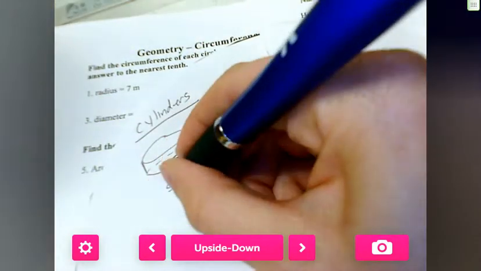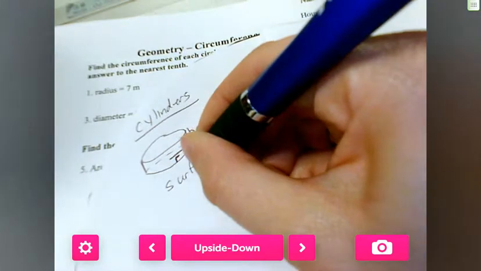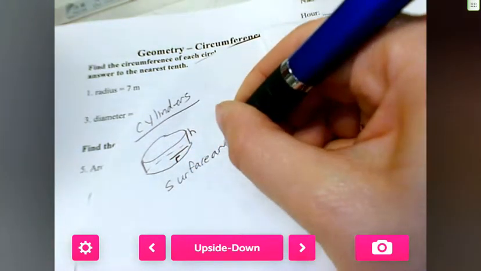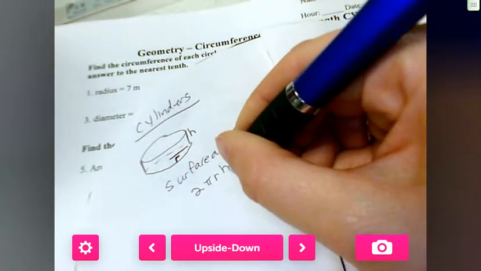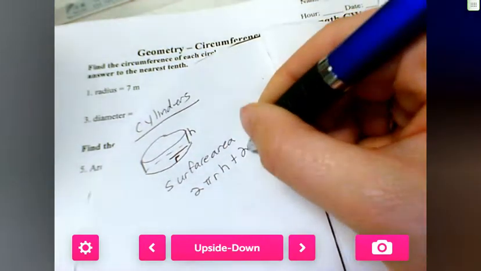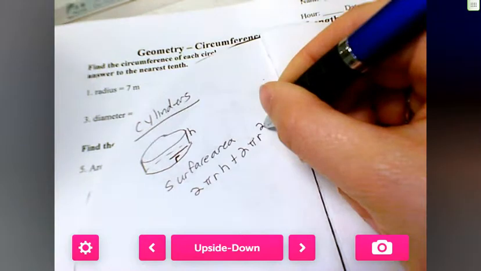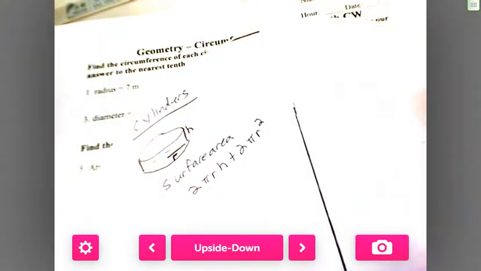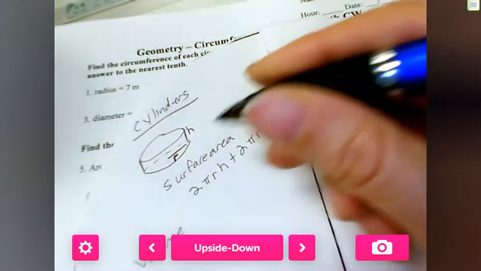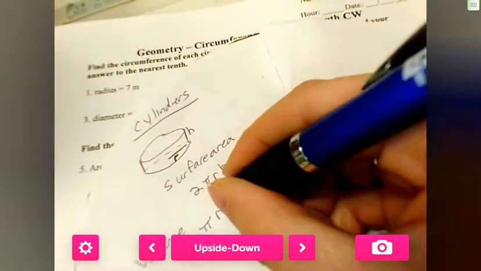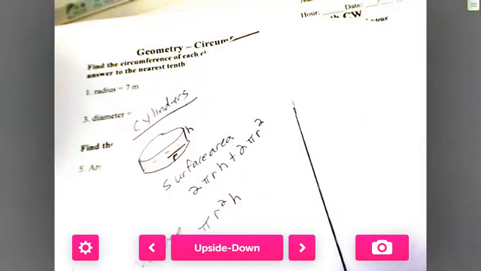And then we've got surface area is 2 pi r times h plus 2 pi r squared. And then volume is pi r squared h. So it's just the volume and surface area of our cylinders.